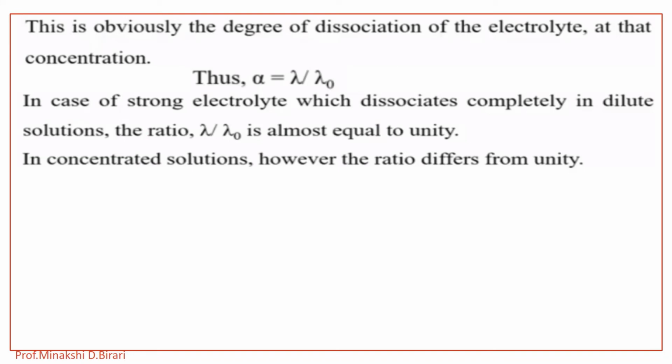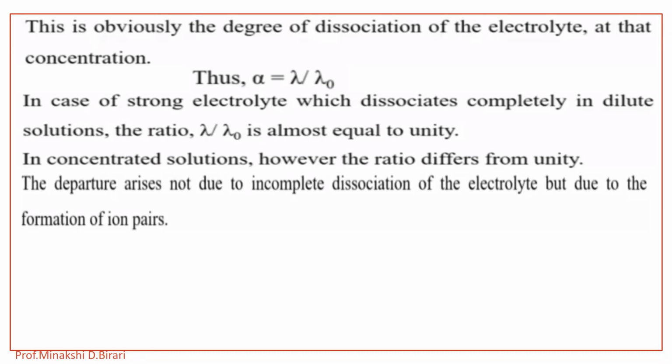The strong electrolytes dissociate completely in dilute solutions, whereas weak electrolytes are partially dissociated in the solution. In concentrated solutions, however, the ratio differs from unity.